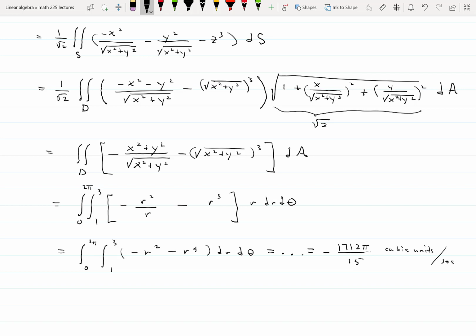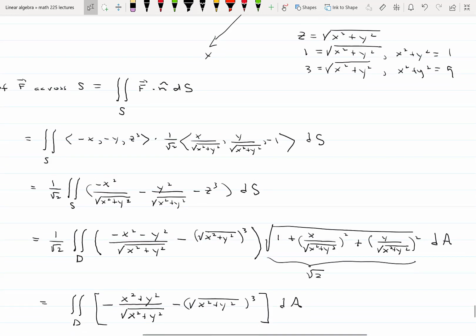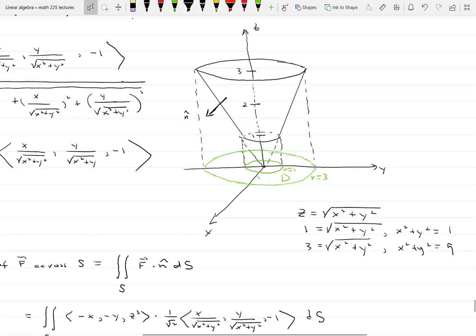It could be hours, seconds, or whatever. Flux gives you the rate at which quantity leaves a surface. So it's cubic units per second. I think that is right. So it's as if we place the firecracker inside of this portion of a cone.